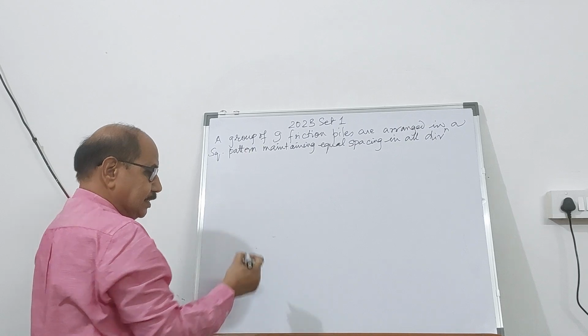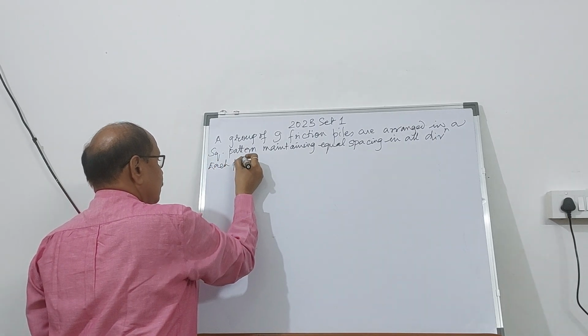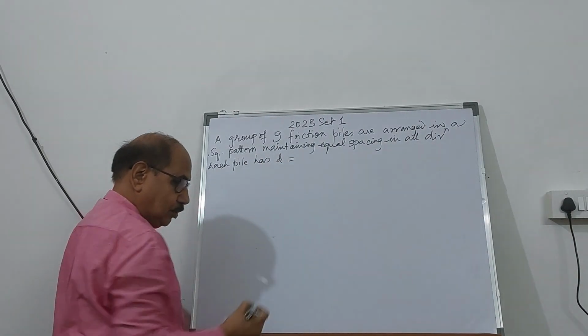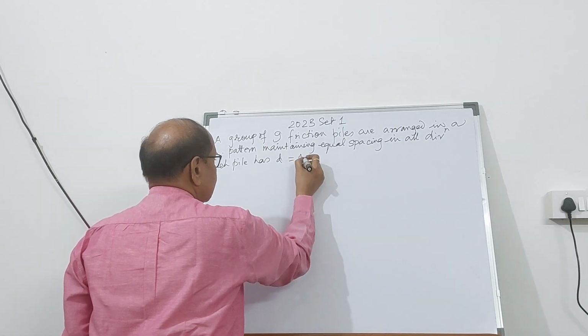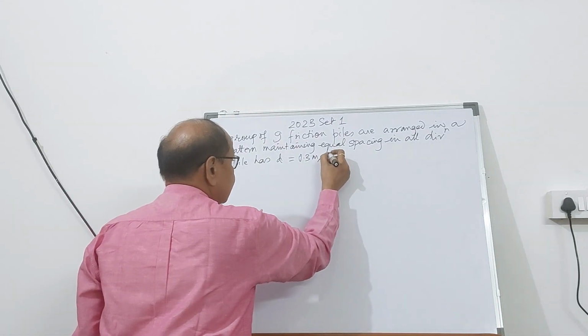Each pile has d equal to 0.3 meter and the length is 7 meter.